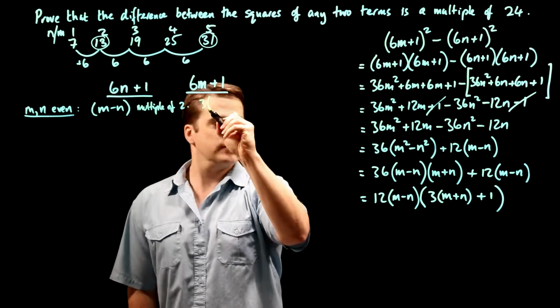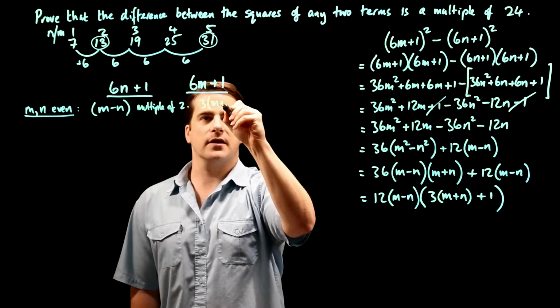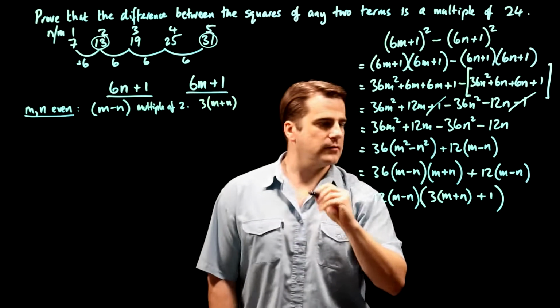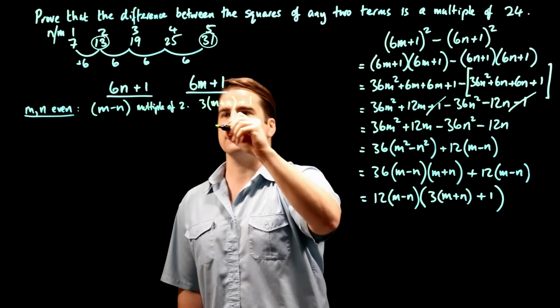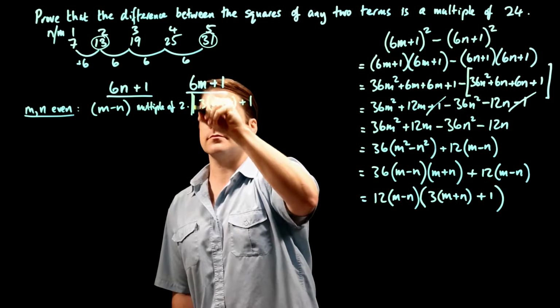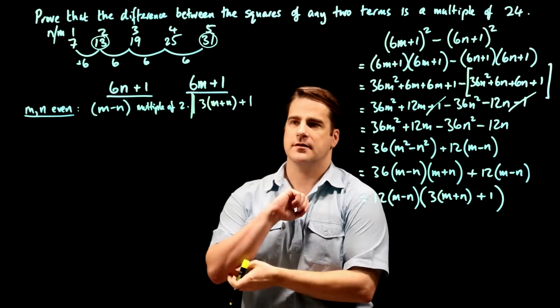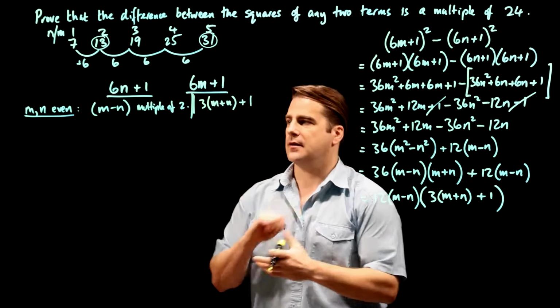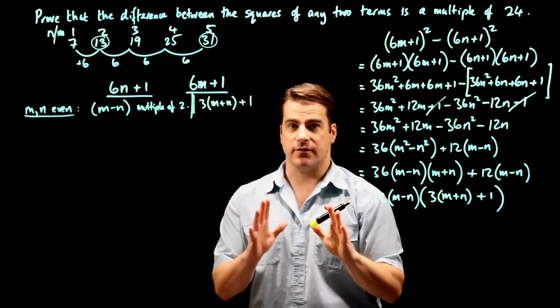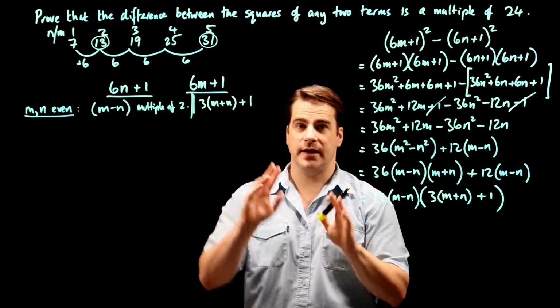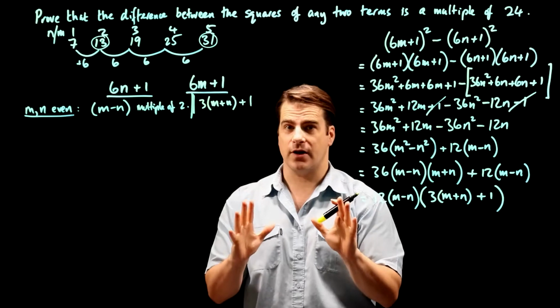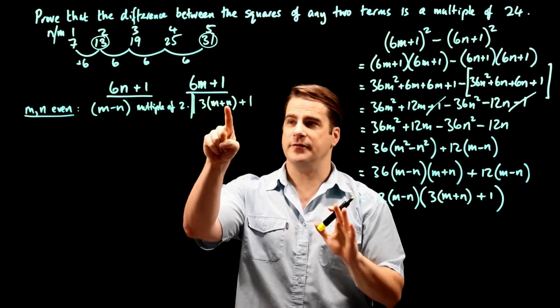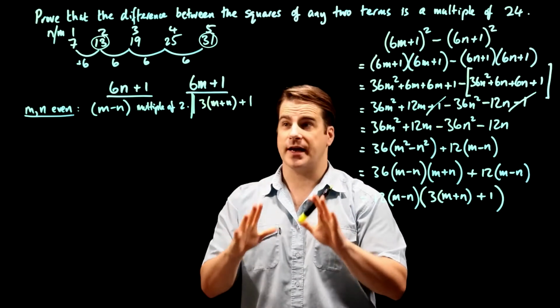Right, this term here. It's 3m plus n plus 1. Okay? Right. m and n are both even. You add two even numbers together, you get an even number. If you multiply an even number by 3, which is an odd number, you get an odd number.